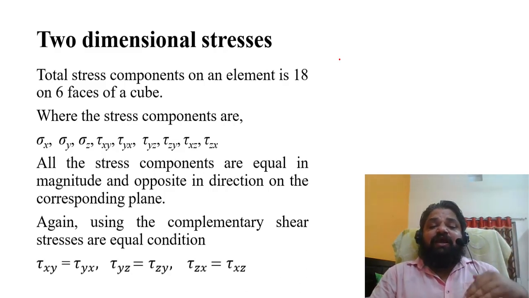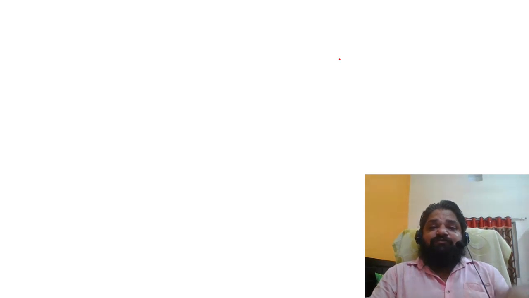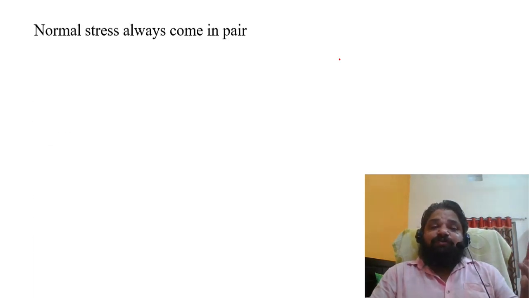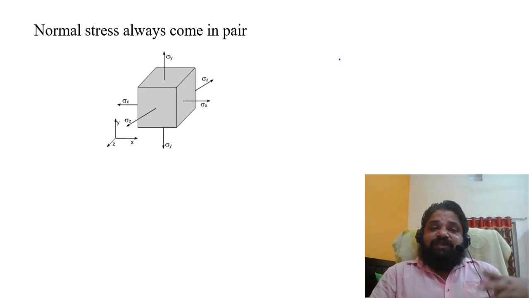Again, it is being reduced: out of 9, again it reduced. Normal stresses, as I said, every time come in pairs. If I take positive sigma y, I am not going to consider the negative sigma y. If it is positive sigma x, I am going to take that, so I am not going to take the negative sigma x.